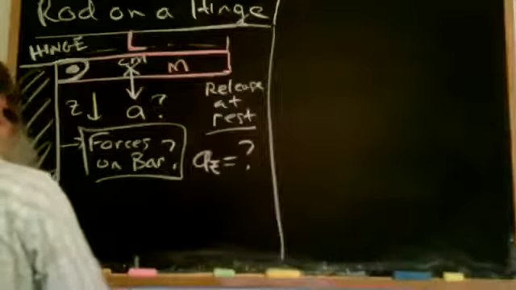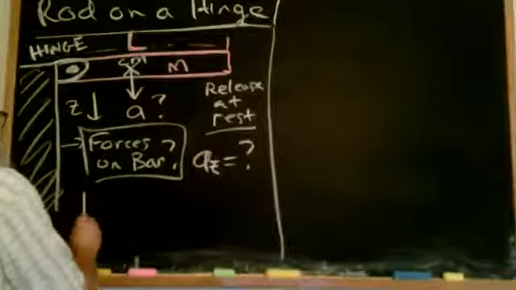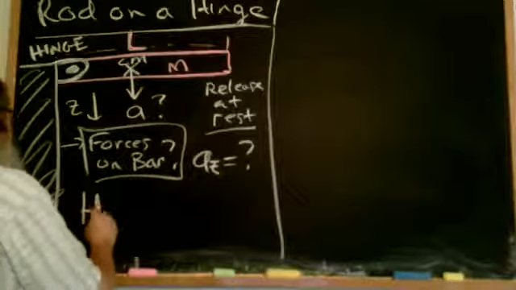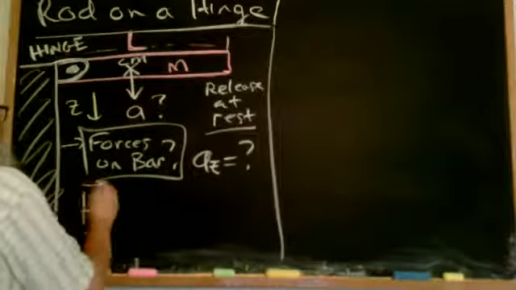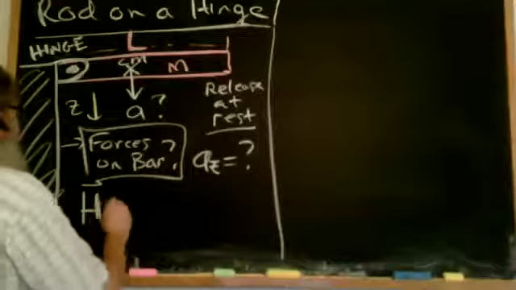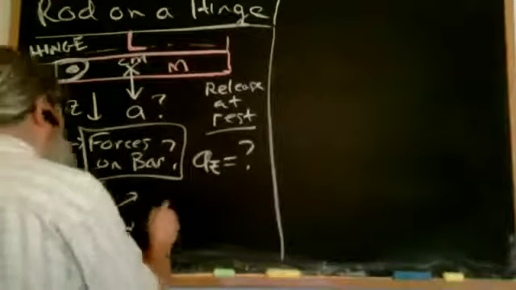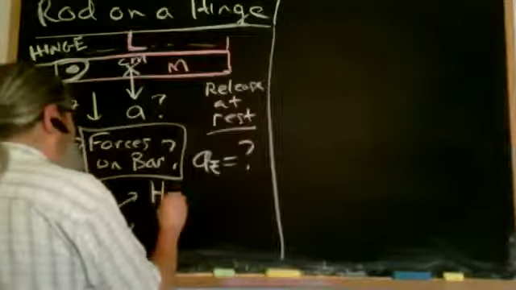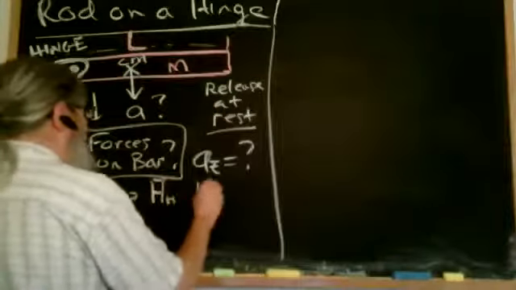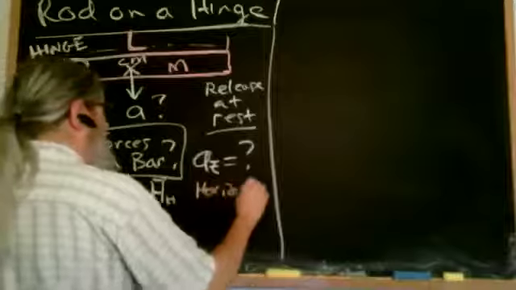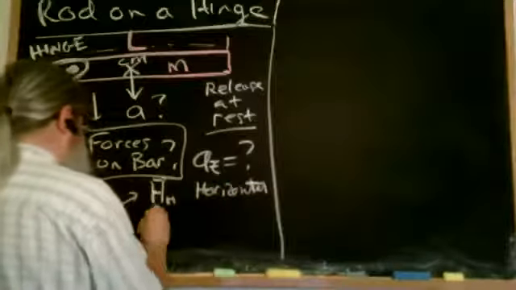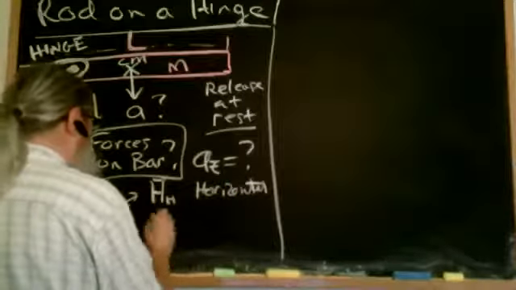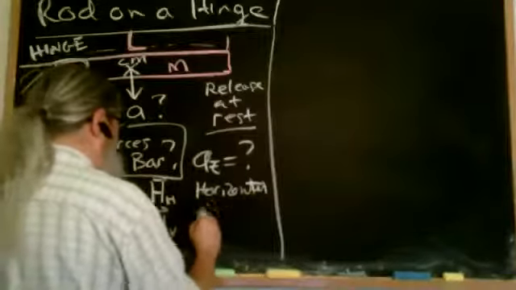the individual components are. So I'm going to define a force which I call the hinge force, H, but I will then break that hinge force into two components, where H sub H is the horizontal component of the force, and H sub V is the vertical component.